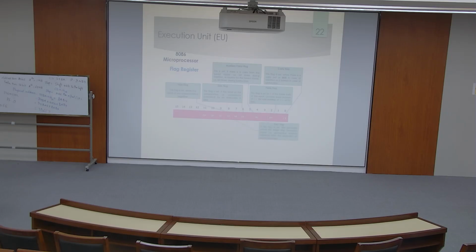The next flag is the trap flag. This is the flag which is set when the processor is in single step execution. We're going to see this in more detail when we start with graphic coding. The next one is the interrupt flag.